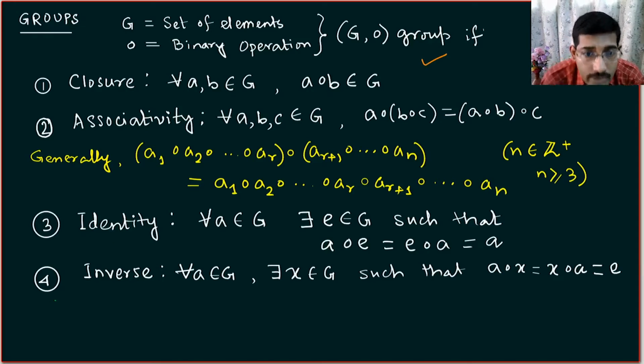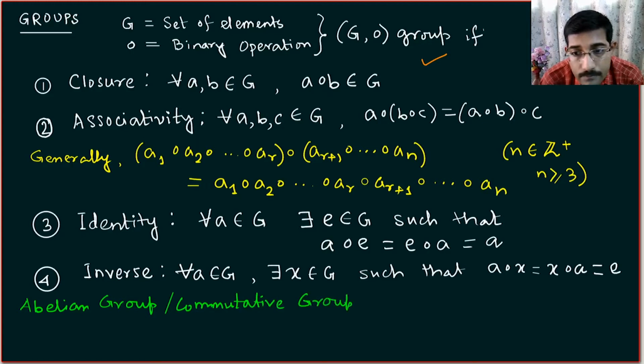Additionally, along with these properties, we have something called commutativity, or an abelian group, or commutative group.